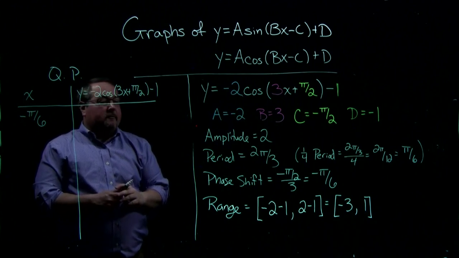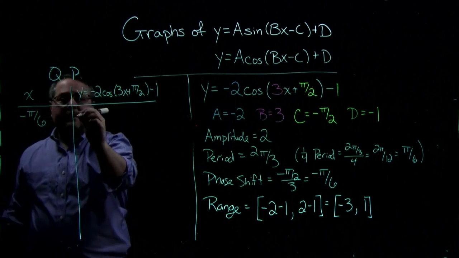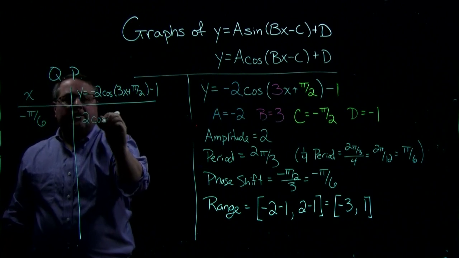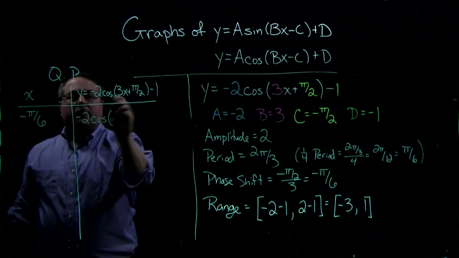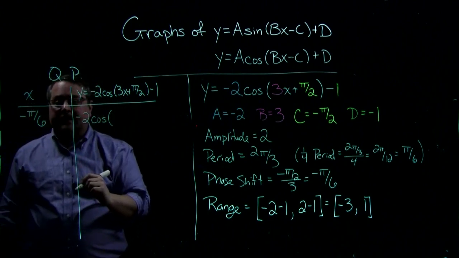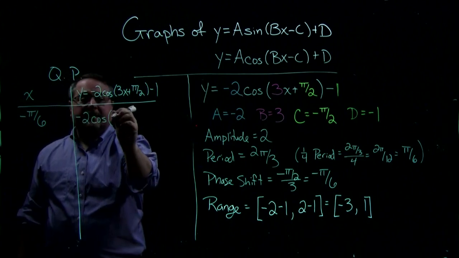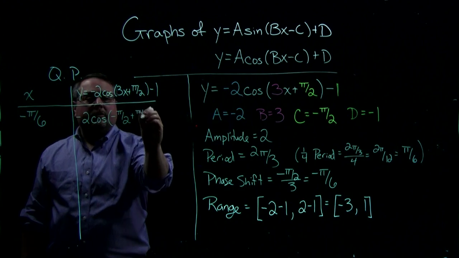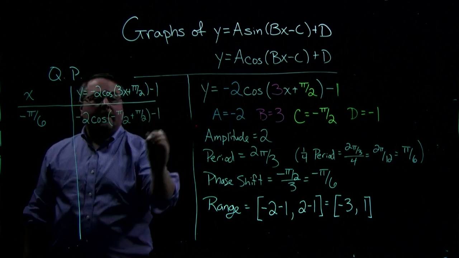When x is negative pi over 6, y is going to be negative 2 times the cosine of 3x. 3x will be 3 times negative pi over 6, which is negative 3 pi over 6, which is negative pi over 2. Okay, plus pi over 2 minus 1.